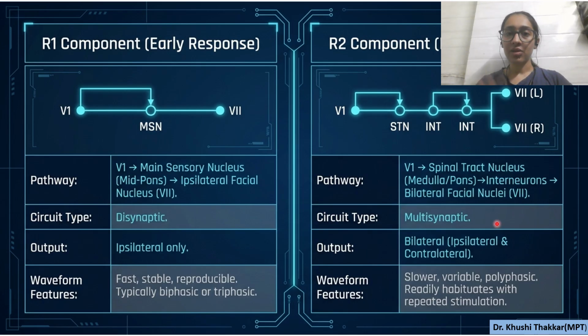This circuit is multisynaptic because there are so many interneurons involved, and the output is always bilateral, that is you get ipsilateral and contralateral responses. That's why the waveform is slower, variable, and polyphasic. It readily habituates, adapts with repeated stimulation. So it is not reproducible as compared to R1.